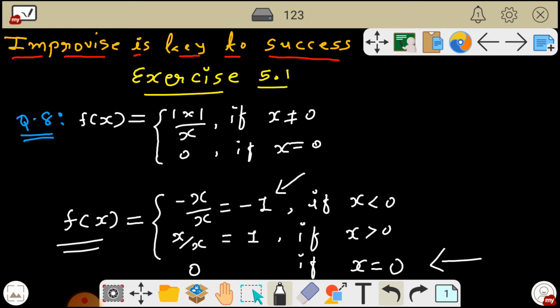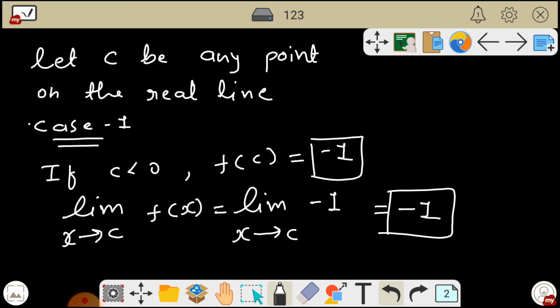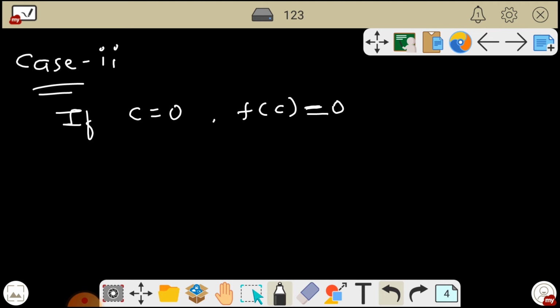For x is equals to 0, f of x is 0. So when C is equals to 0, f of C is 0.